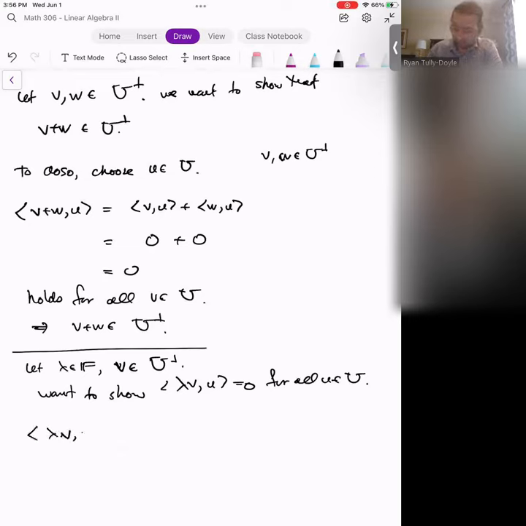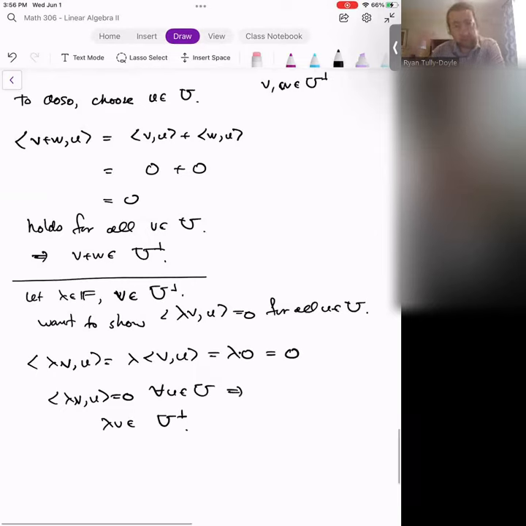The inner product of lambda V with u is equal to lambda times the inner product of V with u. Well, but V is in the orthogonal complement of U, which means this inner product is always 0. So this is equal to 0. So what we've shown is the inner product of lambda V with u is equal to 0 for all u in U, which implies that lambda V is an element of U perp, which implies it's closed under scalar multiplication. And so since 0 is in there, and we're closed under addition, and we're closed under scalar multiplication, we claim U perp is a subspace.